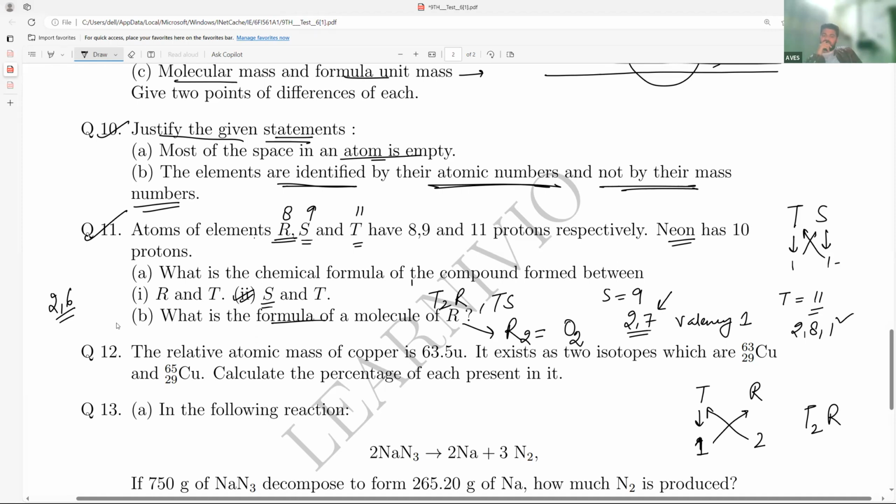Relative atomic mass of copper is 63.5. It exists as 2 isotopes. What is the percentage it exists? Tell me, what's the percentage it is going to have? Have you calculated the percentage?